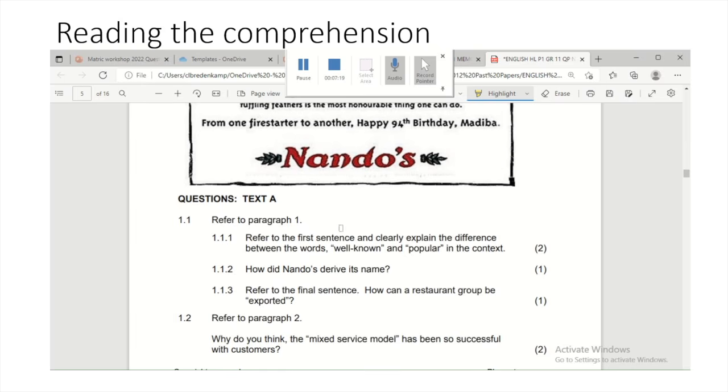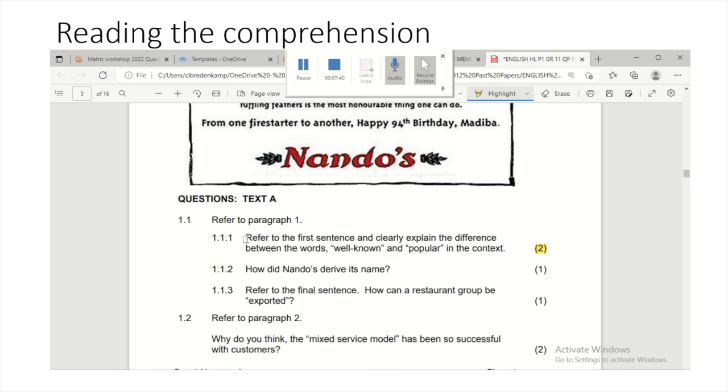So, refer to paragraph 1, 1.1.1. Refer to the first sentence and clearly explain the difference between the words well-known and popular in the context, for 2 marks. What I do is I always highlight the mark allocation because you will know how many points to give and what this is actually asking us.